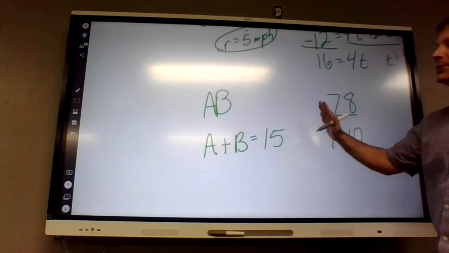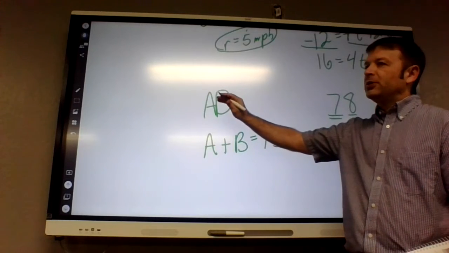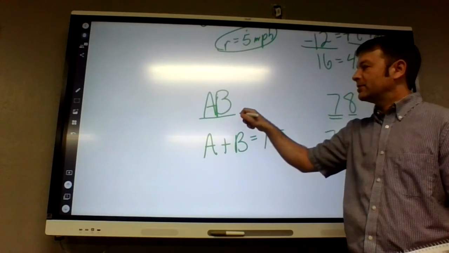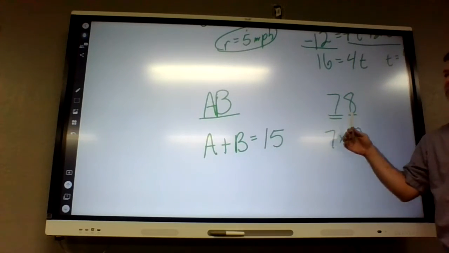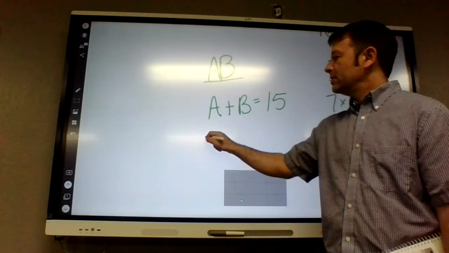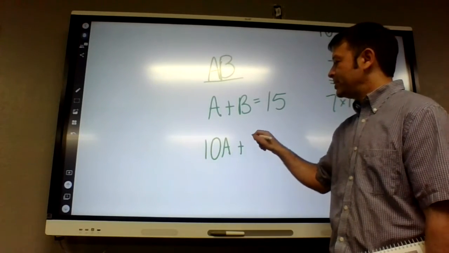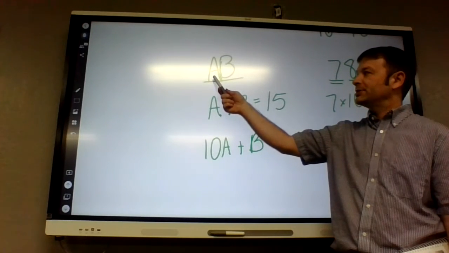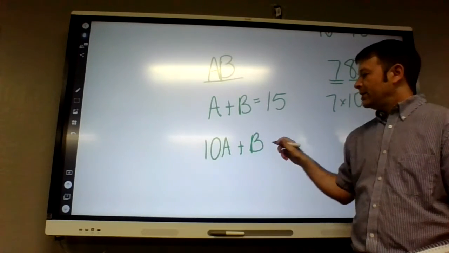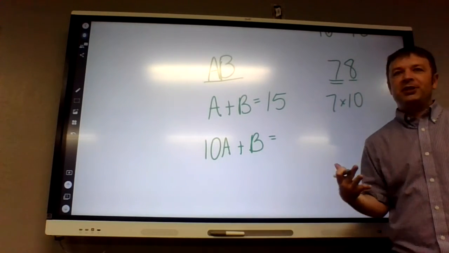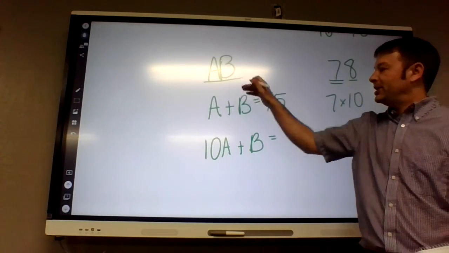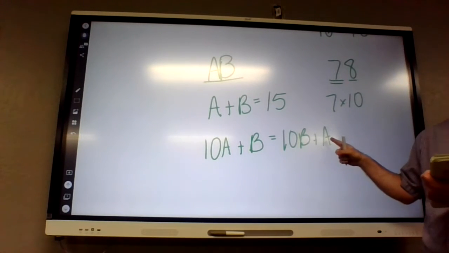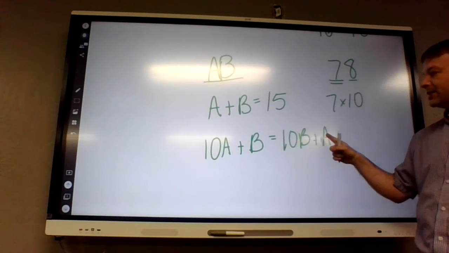Okay, hold on. What is the value of this number right here? We just talked about it over here. 10 times A plus B. The value of this number is 10 times whatever A is plus B. They're saying if we switch the order of the digits, like make it BA, 10 times B plus A, this one is 9 less than this one.